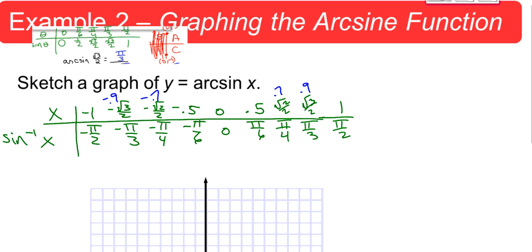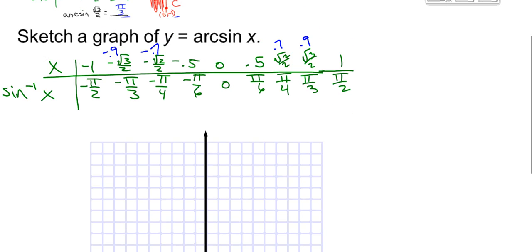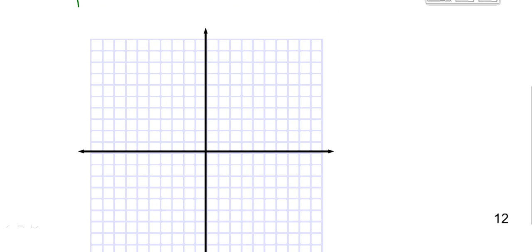I'm going to use the pi. 6 cubbies for pi or 6 cubbies for pi over 2? Got it. Okay, and I didn't say from negative 1 to 1, maybe 4 boxes to negative 1? Is that 1, 2, 3, 4? There's negative 1, negative 0.5, 0, 0.5, and 1, because those are all values we use. And then 6 cubbies for pi over 2.